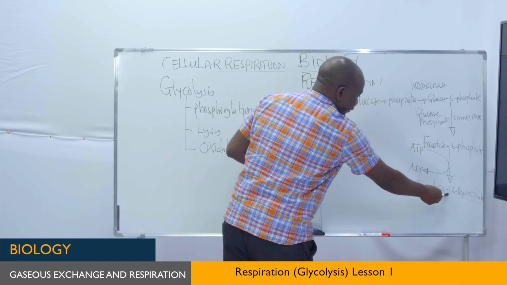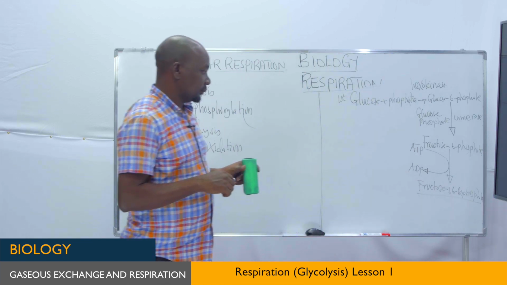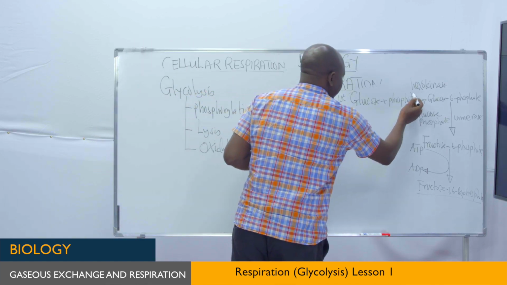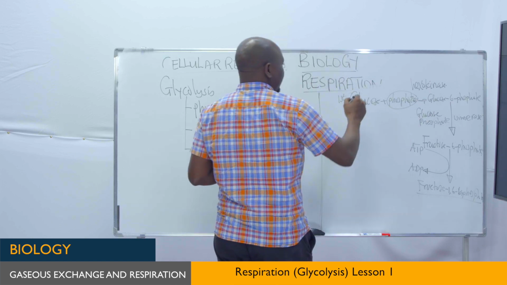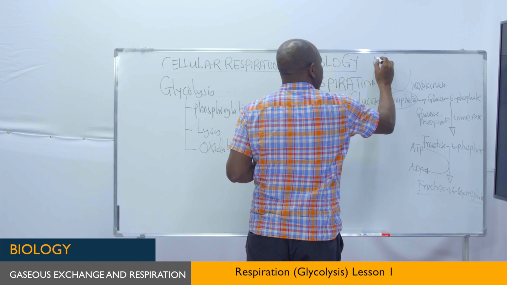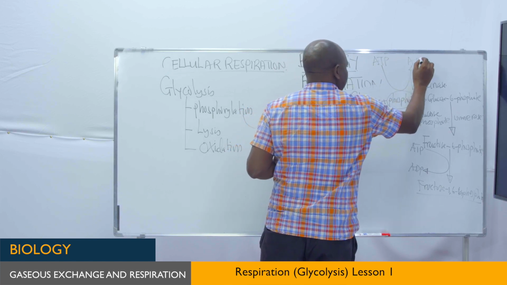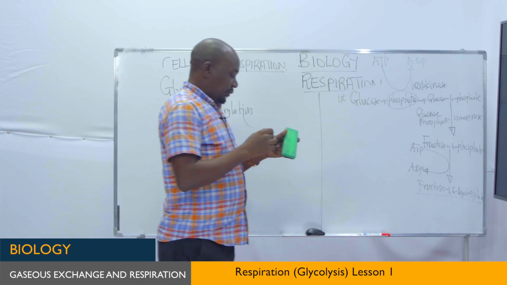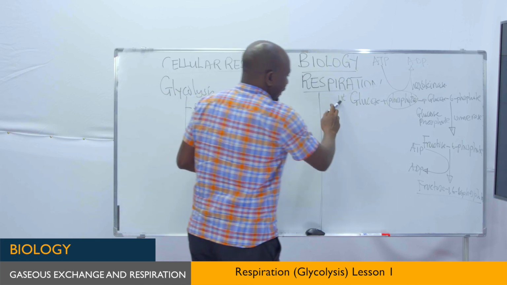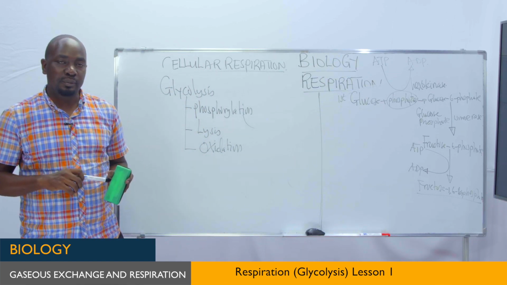One phosphate attached to the carbon number 1 and another attached to the carbon number 6. Also, the source of this phosphate is the ATP. So from here to here, there are two ATP molecules being used.